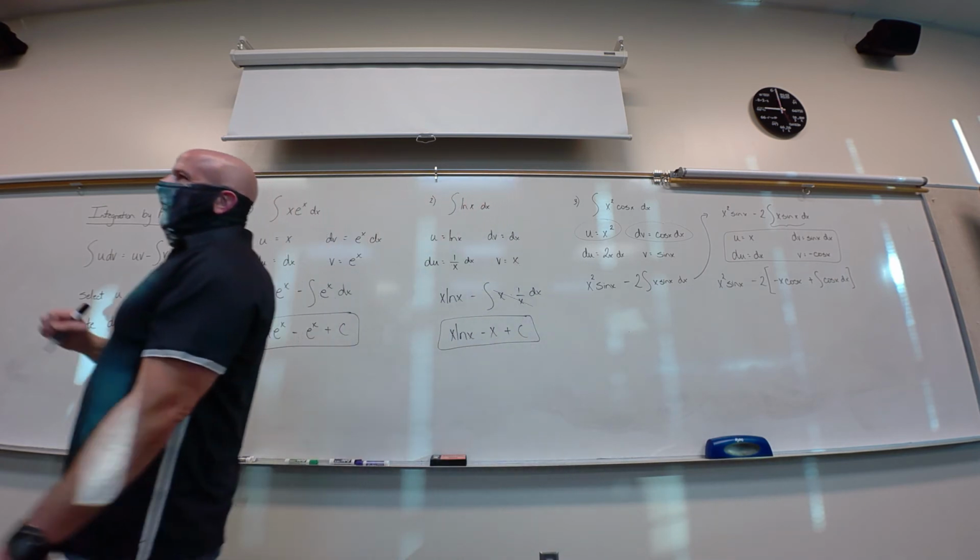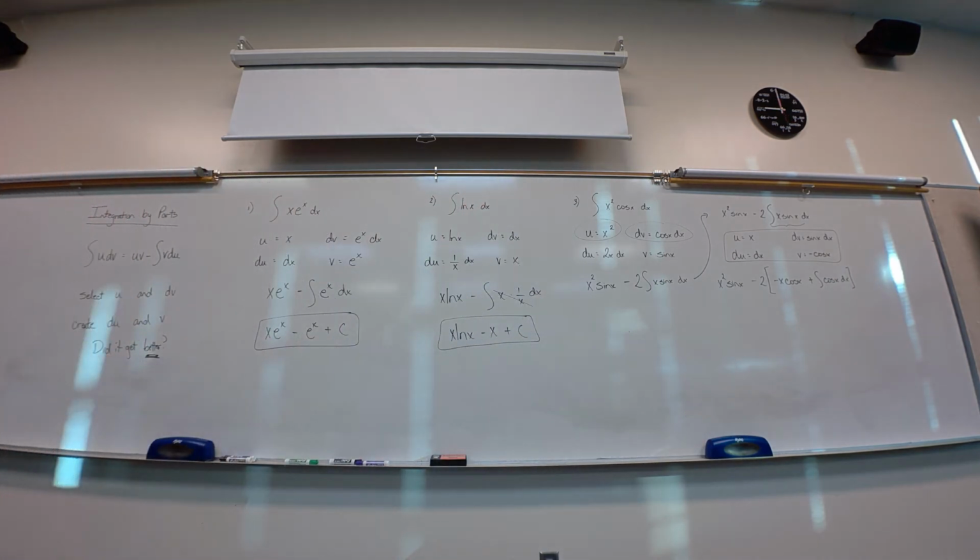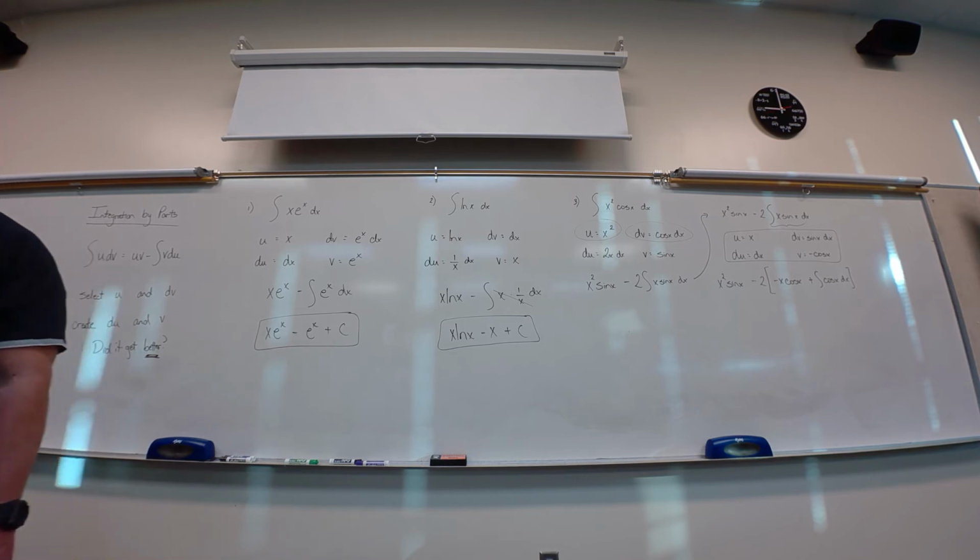You still look at the integral piece and ask, did it get better? Yes, it got better. I can integrate a cosine. That's not a big deal. I'm okay with that part. Does that look okay to everyone?